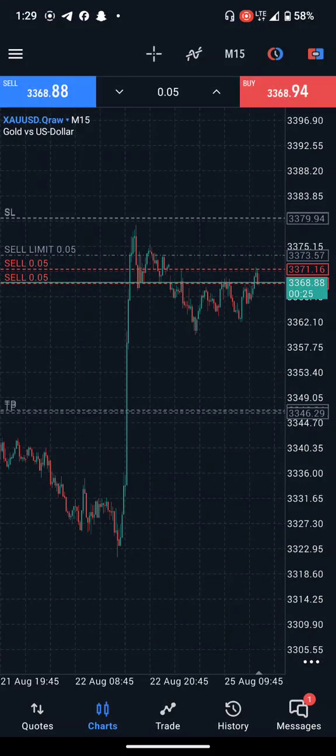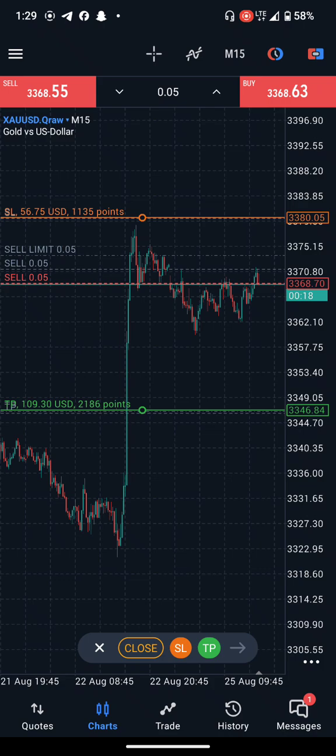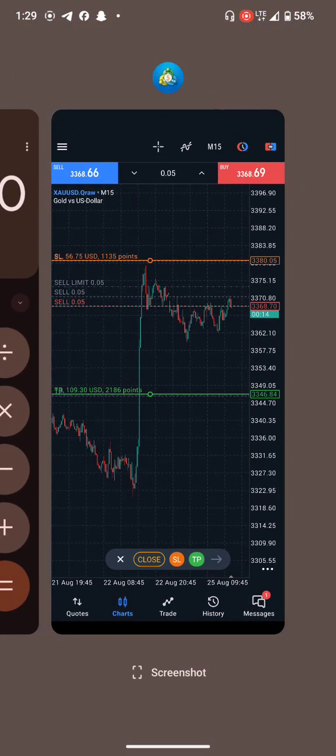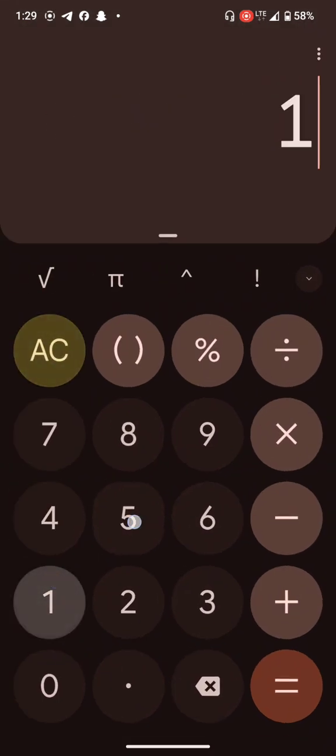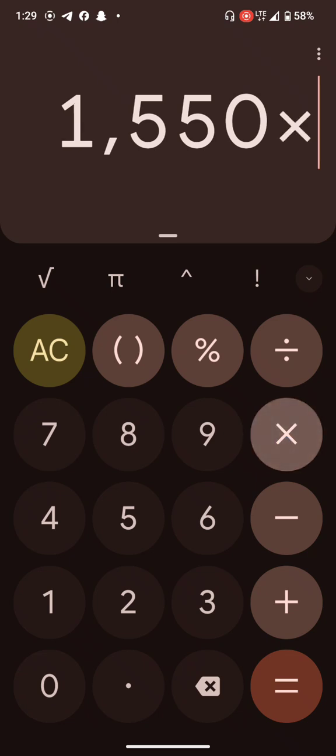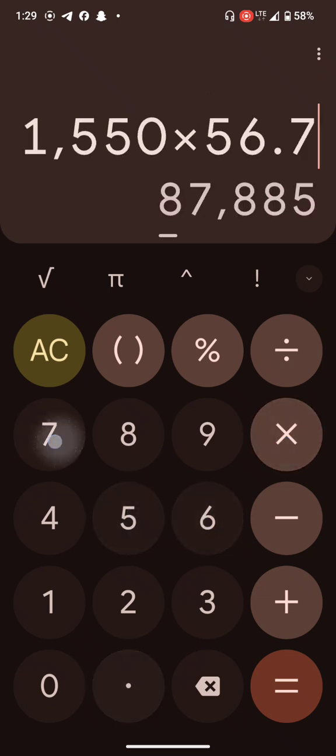But because this is a dollar account, it will be showing you in dollar. So now let's check. That's 56.75 USD. 1550 times 56.7. You see, it's almost the same amount.